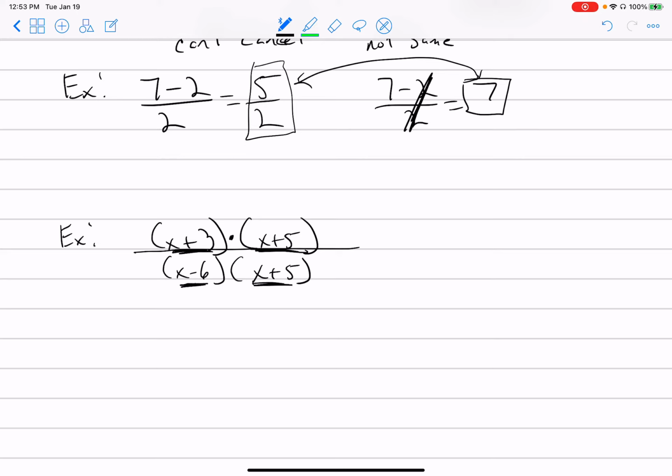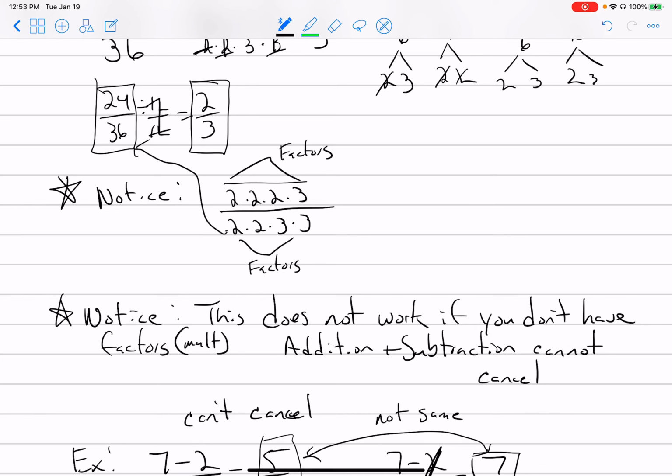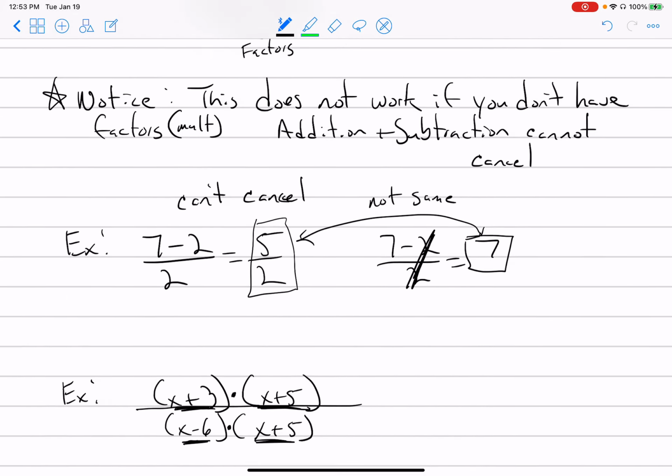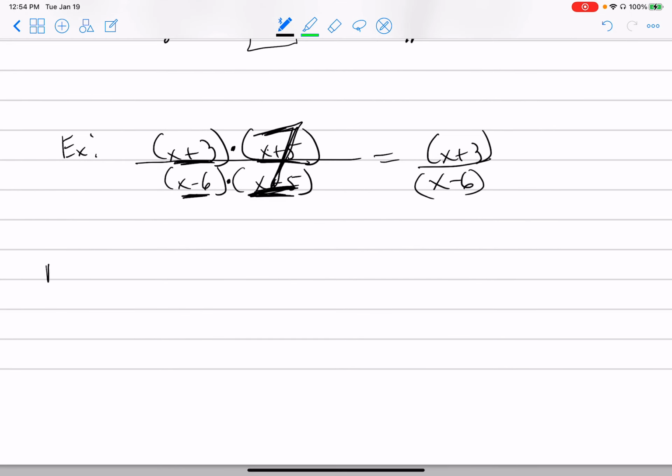In other words, they are factors. So in this particular situation, I can actually cancel. x plus 5 divided by x plus 5 is just a 1. Those cancel out. So I'm left with x plus 3 over x minus 6 because I can cancel those factors out. This works.